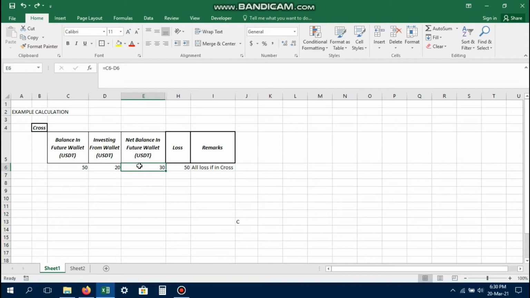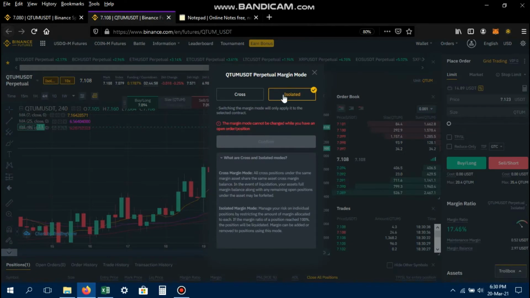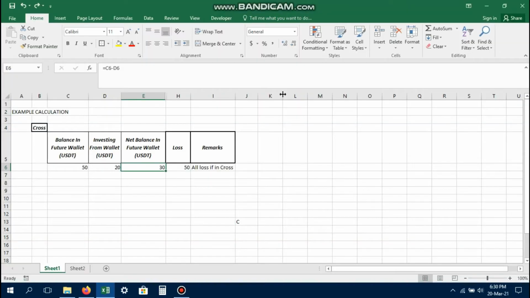Okay, however, when you come to the option which is isolated, what happens is the opposite. For example, if you have $50 USDT, you invested 20, you have a net balance of 30 USDT in your wallet. Now in case you get the loss in isolated, your net balance in the wallet will not be zero.